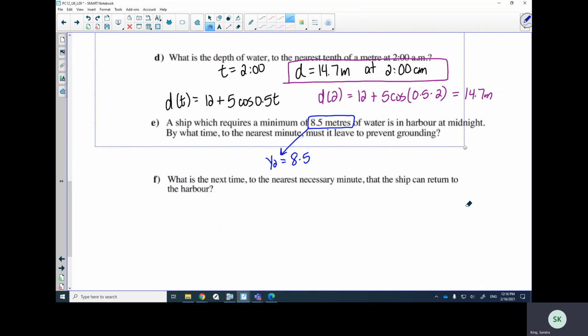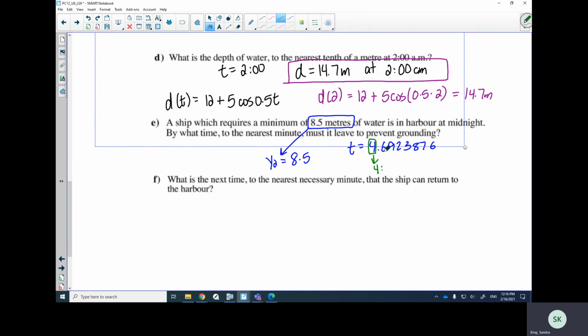So the time that the ship has to leave, our calculator said that it was 4.692386. Okay, they want to know how many hours, how many minutes is this. So this 4, that's at 4 a.m. or 4 hours after midnight.